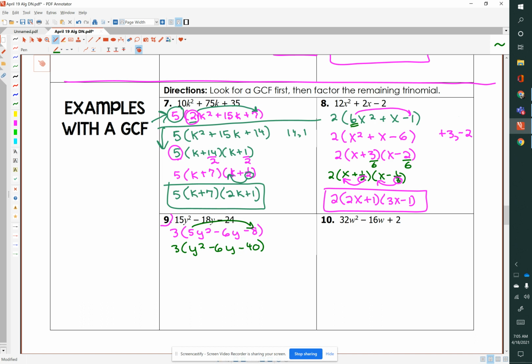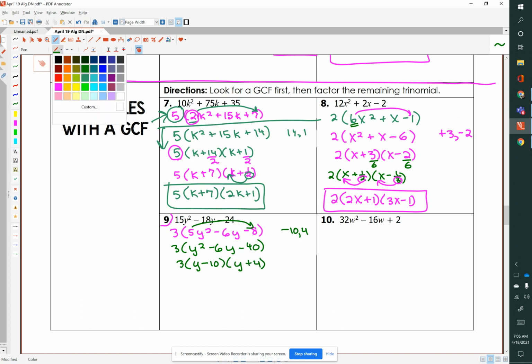I need two numbers that add to negative 6 and multiply to negative 40. So if they multiply to negative 40, it's going to be a negative and a positive. So negative 10 and a positive 4 will multiply to negative 40 and add to negative 6. So y minus 10, y plus 4.